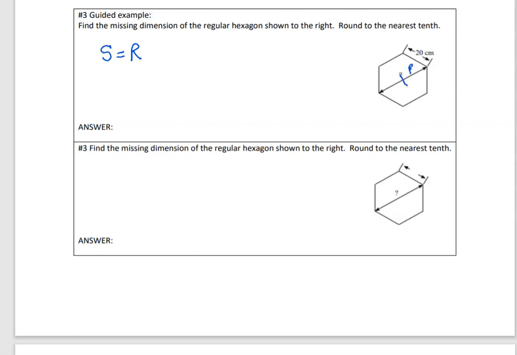So this would be R, and this would be R. And this is our side length, which is 20. So we really just need 2 of these. So since S is 20, we just need to do 2 times our 20 and get 40 centimeters for the length of this missing part.